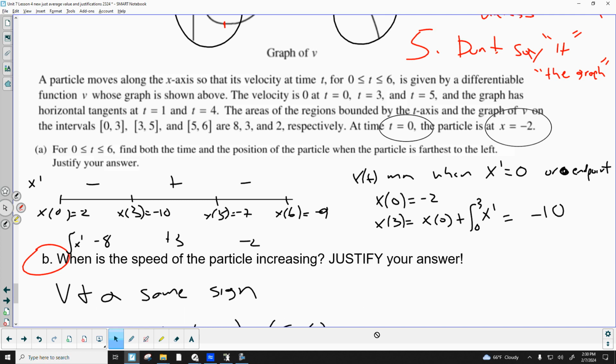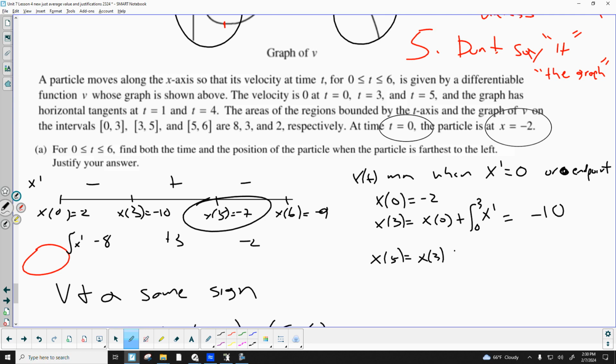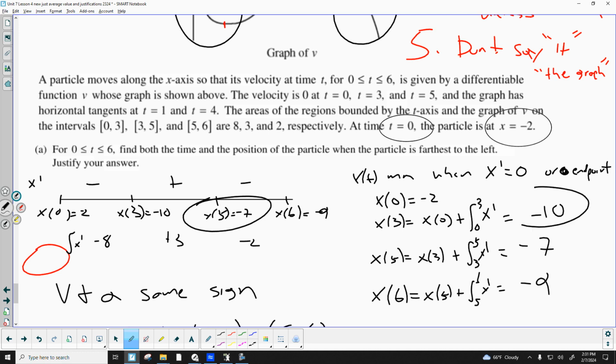You need to say x of 5, even though you know it's not the right answer. It's a candidate. x of 5 equals x of 3 plus integral from 3 to 5 of x prime. That's -7. Even though you know it's not going to be x of 6, you still need to provide the work to show the answer, and then you have exhausted all your candidates. Now you get 3 points.